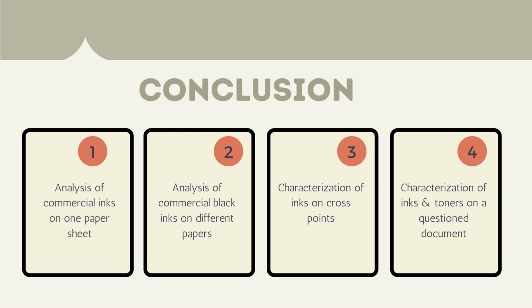Lastly, for the characterization of inks and toner on a questioned document, it was possible to demonstrate with a single point LIBS analysis the chemical differences in the 3 inks employed, or for the signature on one of the 3 pages. Moreover, the repeated LIBS measurement can correctly discriminate the toners based on the relative contents of silicon, titanium, calcium, magnesium, and potassium.